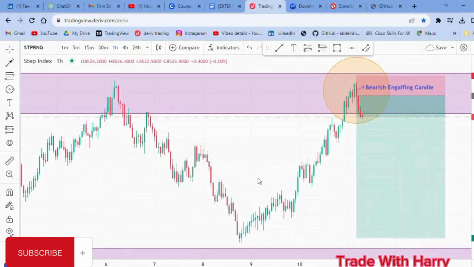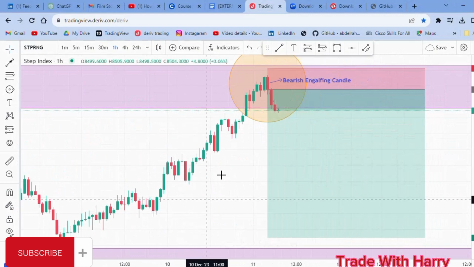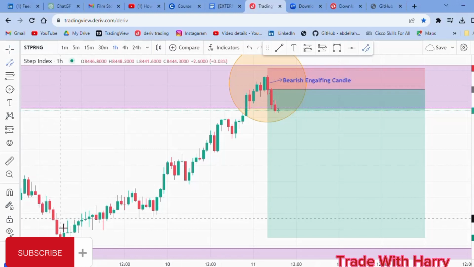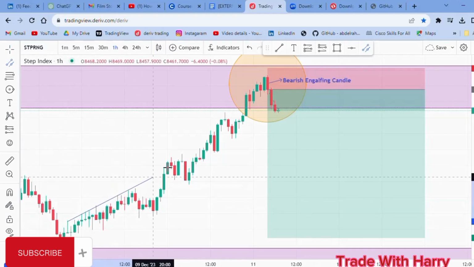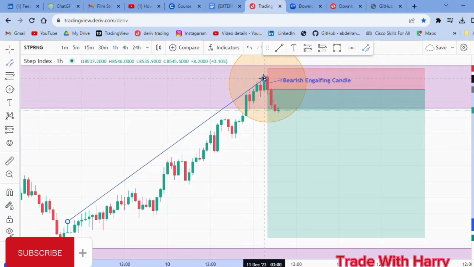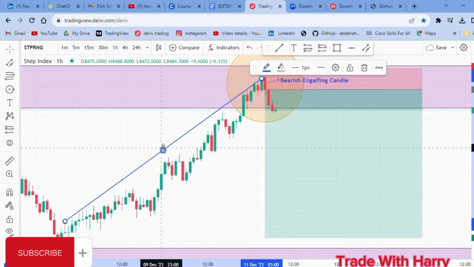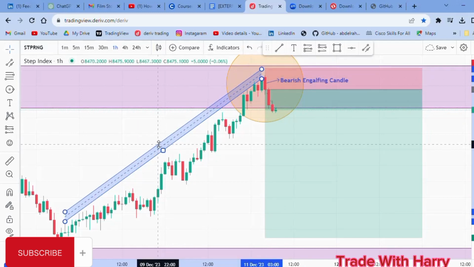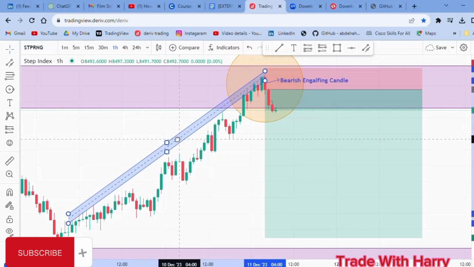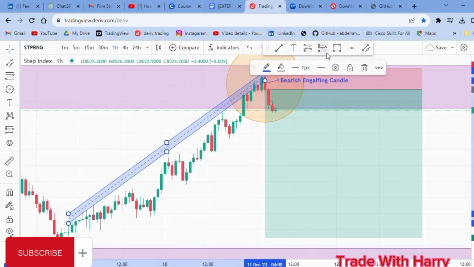So it's easy also to identify them with this one here. So you can come here and take your channels, draw them like that, to here, then you can extend it like that. Then another one.